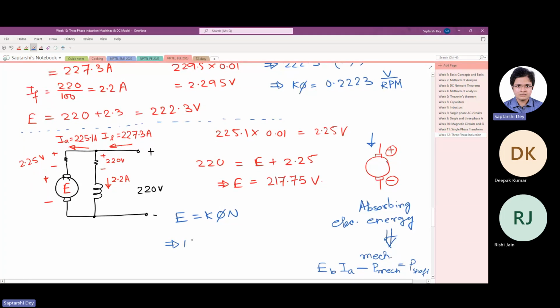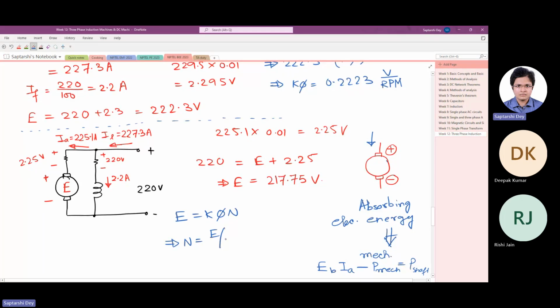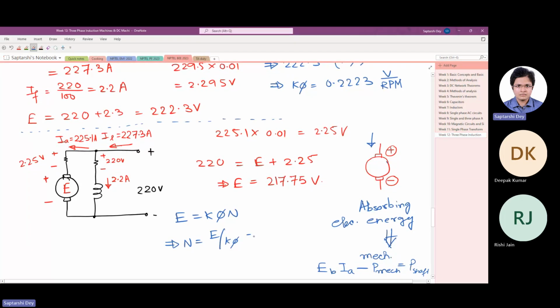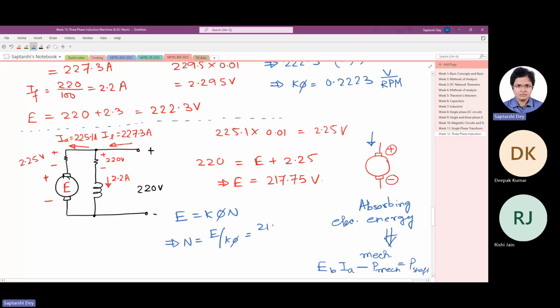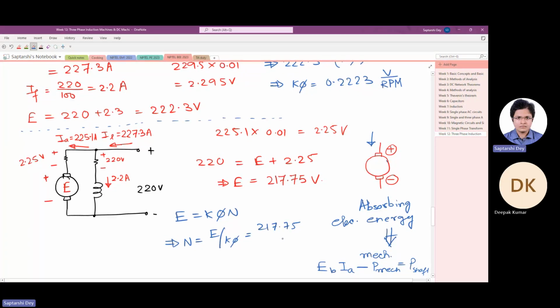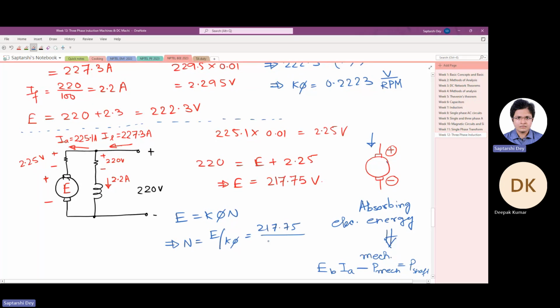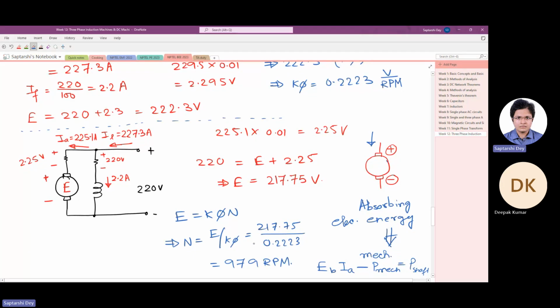All we have to do is simply divide E by K phi, which is 217.75 by 0.2223, which will give you around 979 RPM. This is the answer. So the same machine when run as a motor, drawing 50 kilowatt from the source, will rotate at 979 RPM.